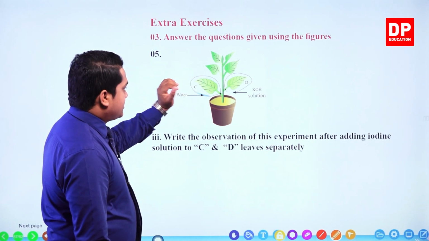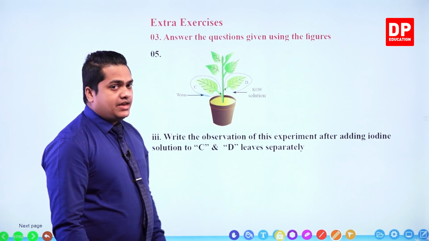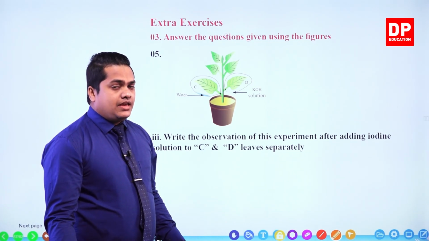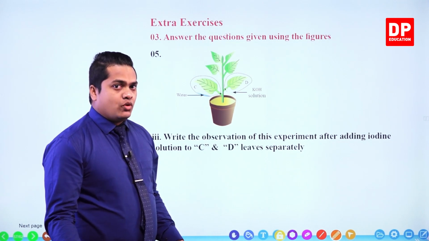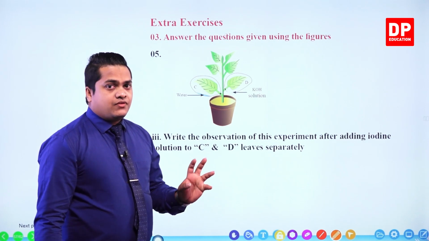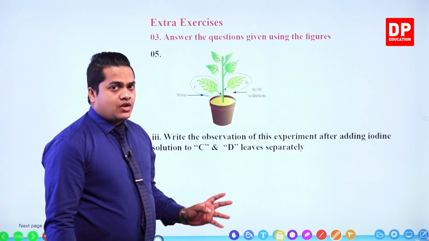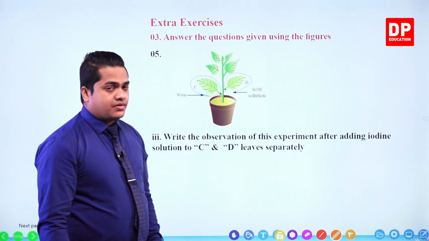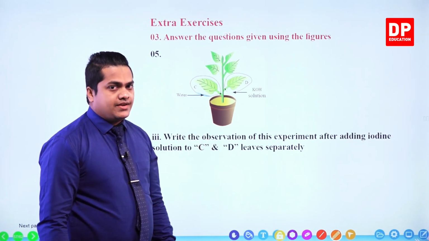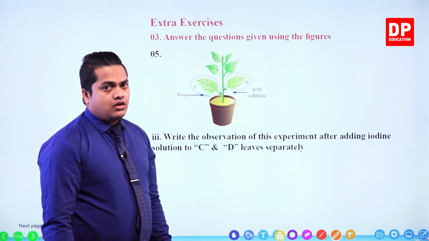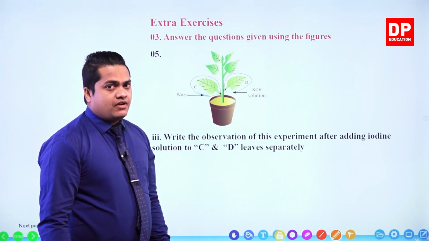There is carbon dioxide, and sunlight is getting equally to C and D both. The plant itself carries chlorophyll. Water is absorbed by root hairs. You know, it is a potted plant. So water is there. So photosynthesis is going to occur in the C leaf.